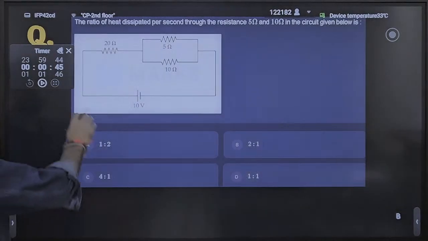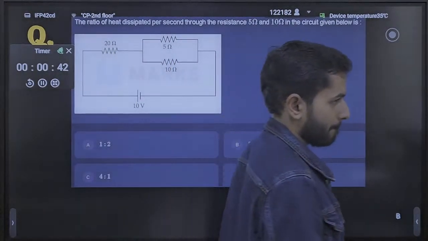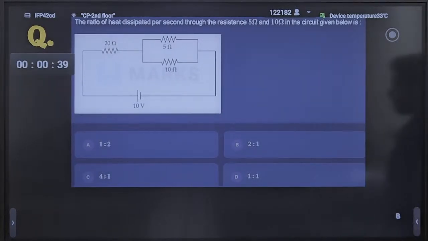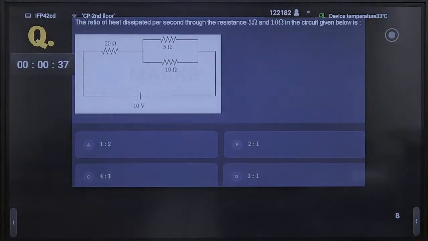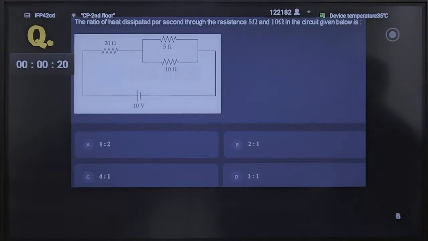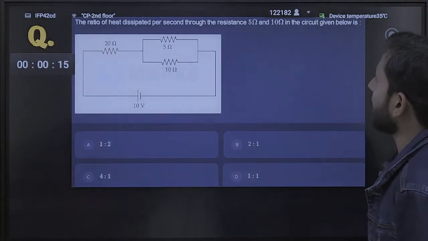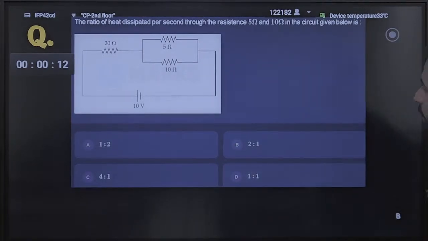Now solve this easy question. The ratio of heat dissipated per second through the resistance 5 ohm and 10 ohm given below.